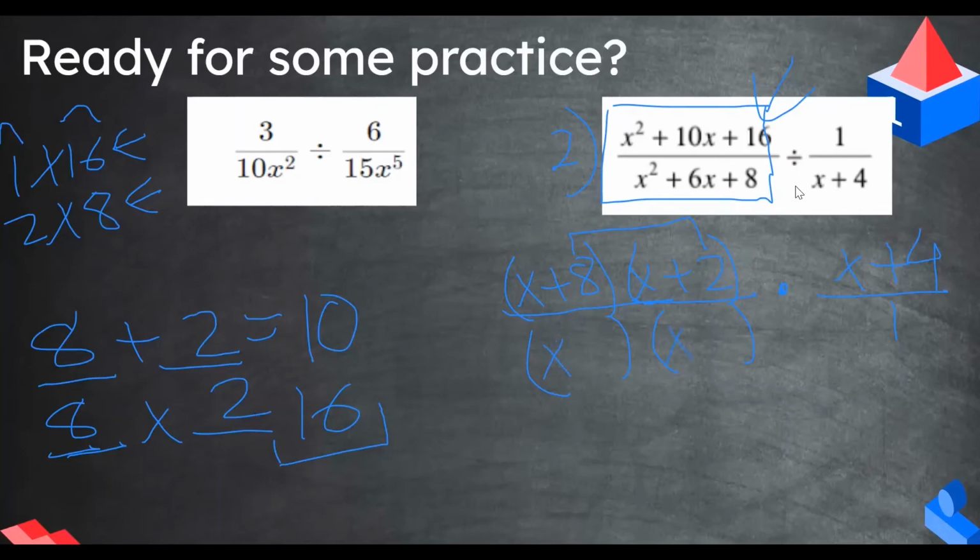I know that for both of the factors, x is the first term that goes into the parentheses. Just remember that. Now let's figure it out. What are the two numbers that add to 6 and multiply to 8?